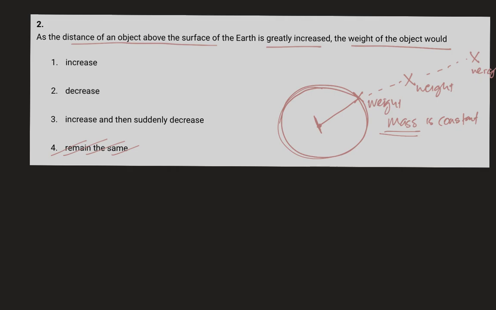You are going further and further away. So the closer you are to the Earth's surface, the more you're affected by gravity. Now the fact that you're going away from it means it can only be decrease.